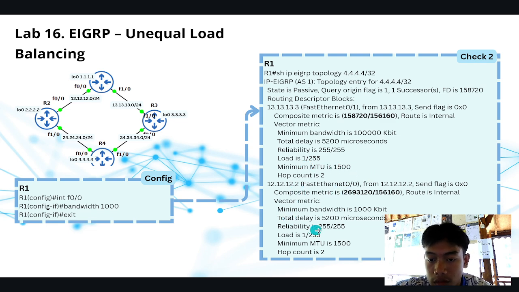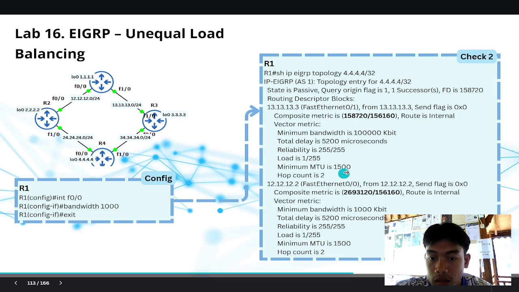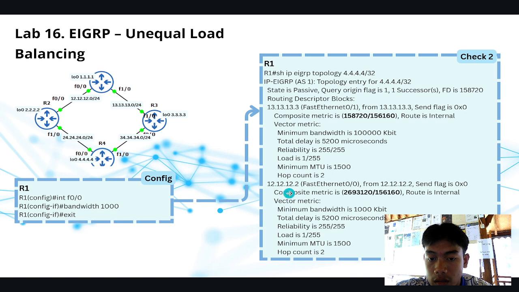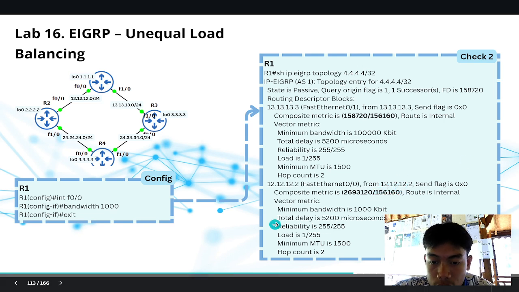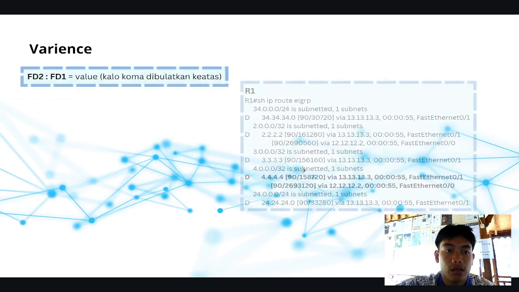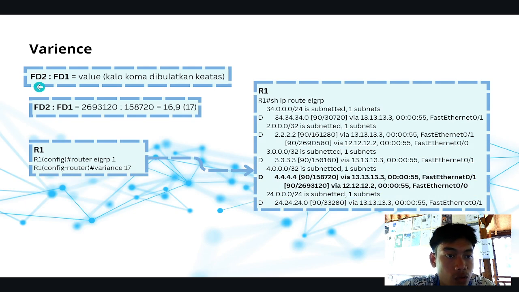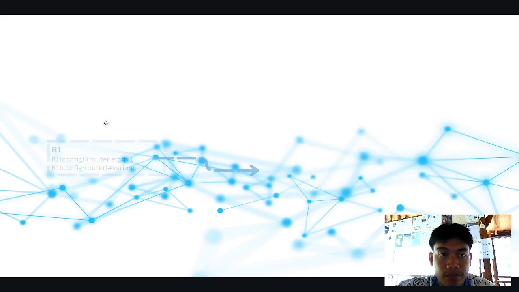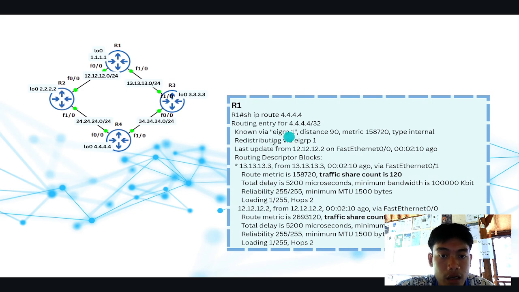Then this 11 FA, 12 FA0/0, with total delay, minimum bandwidth, and composite metric. This is the variance. Yes, you can check on router 1 show ip route 4.4.4.4, the same.